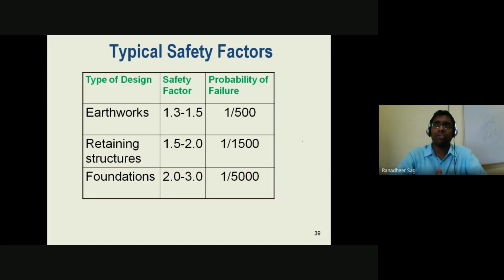Let's say, for example, if I am talking about a foundation designed for a simple residential building, I don't require a very high factor of safety, because abnormal loading on that foundation is not very common in the case of a simple residential building foundation.